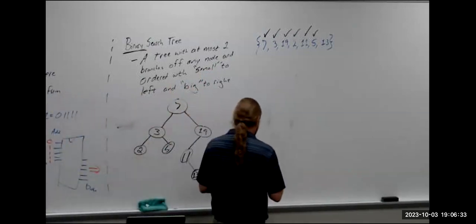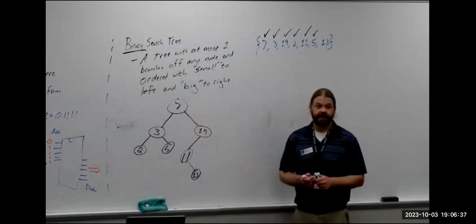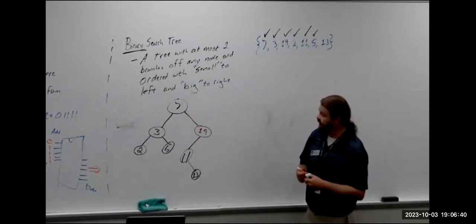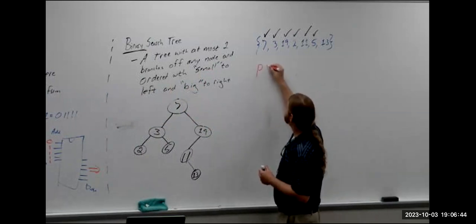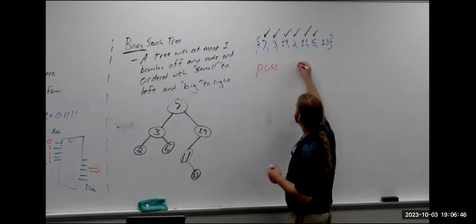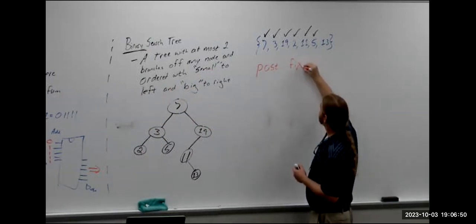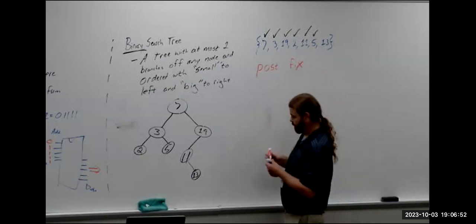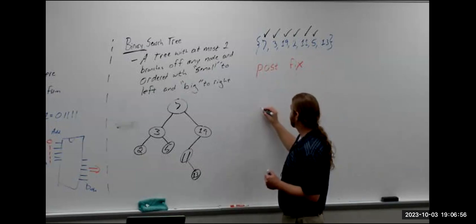So now what is the order that we go through this in? Because there's 3 different ways we can go through it. We can do what's called postfix. We could go through it in order.